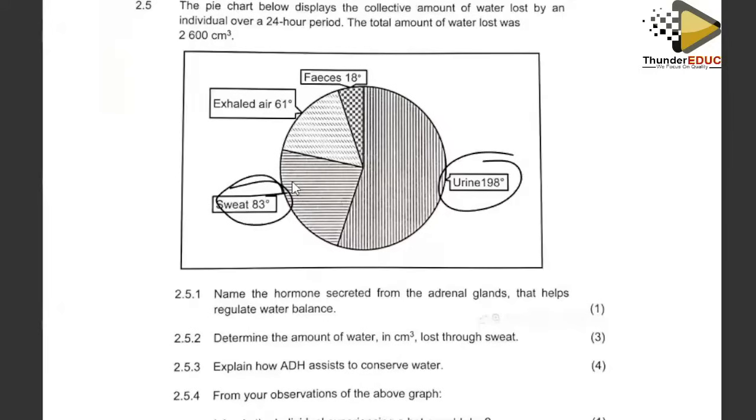Remember, salt concentration is linked to water balance. If you have too much salt, it means you have less water in the body. If you have less salt, you have a high amount of water in the body. There is a correlation there. So what hormone controls the amount of salt in the body? That is aldosterone.